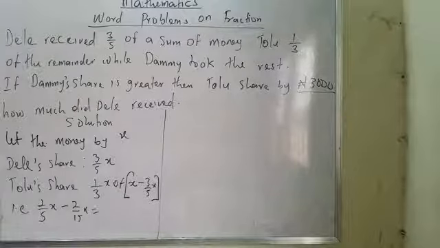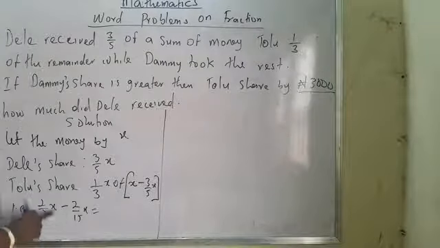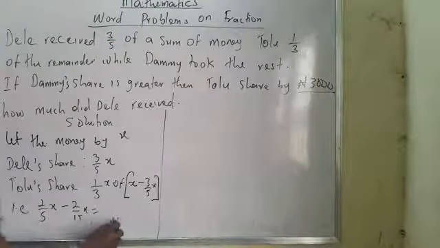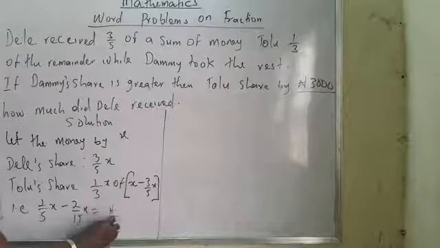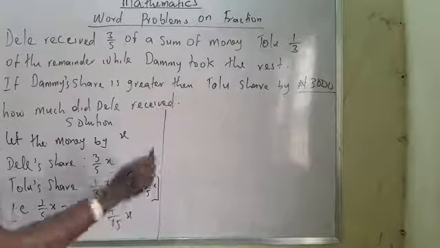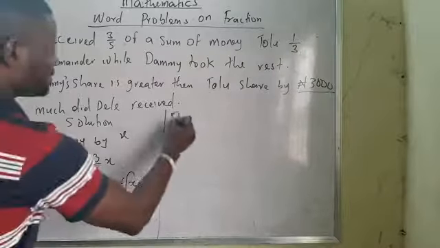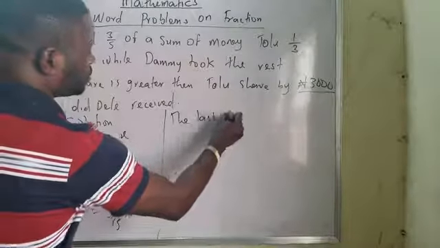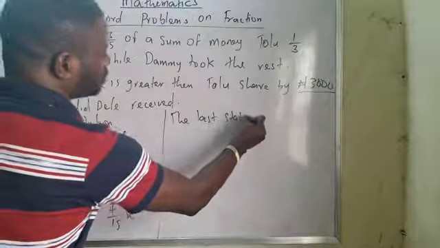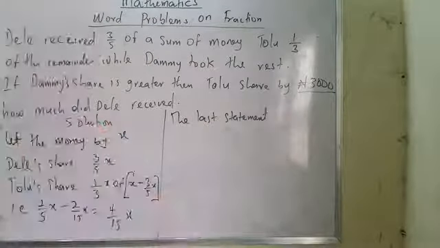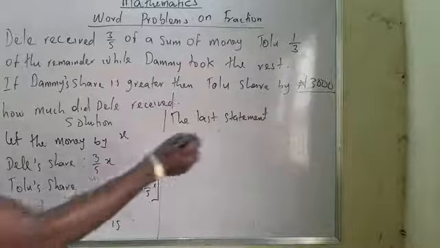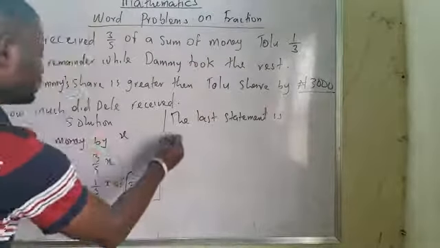That will be, here will be 2, here will be 5. Then Dami's share will be 4/15 of x. Now, the last statement is Dami.